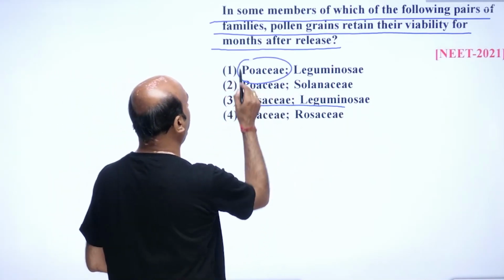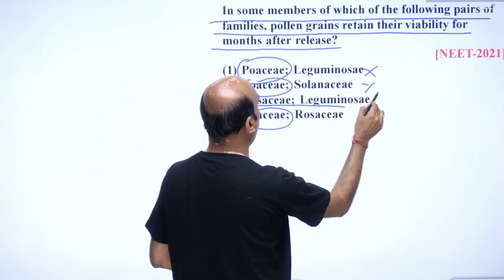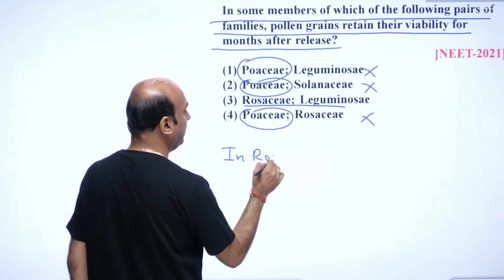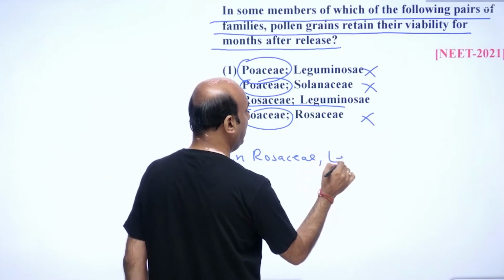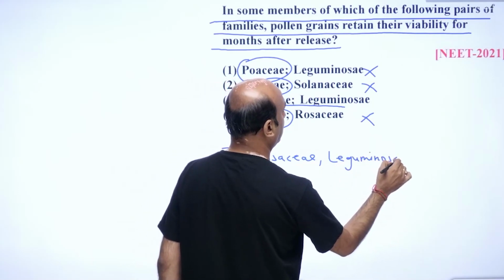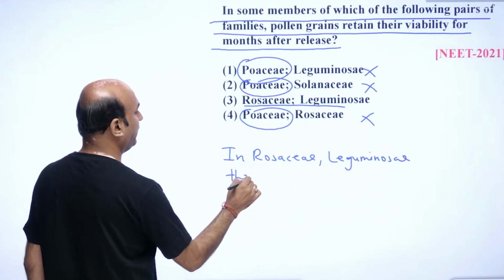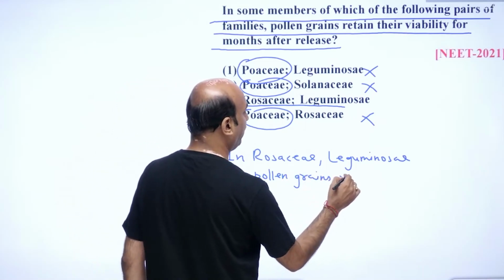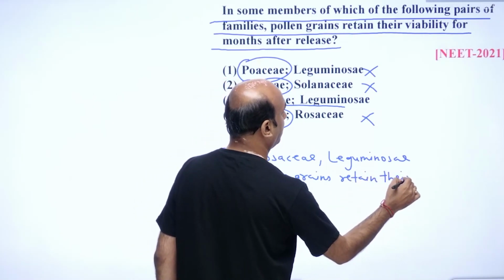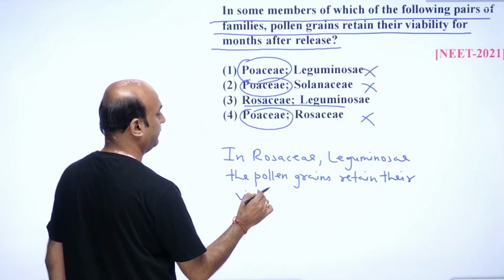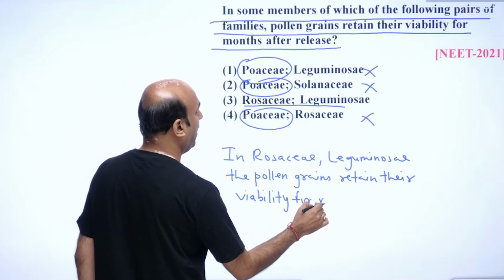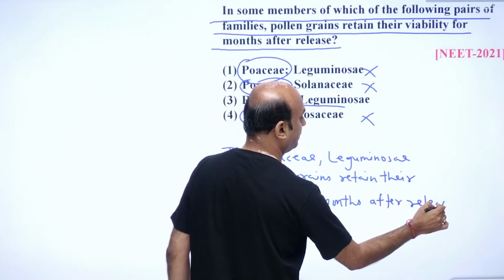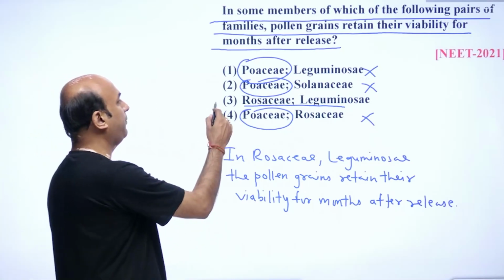Because here Poaceae is mentioned, that's why options 1, 2 and 4 are incorrect, because we know that in Rosaceae and Leguminosae the pollen grains retain their viability for months after release. So students, here the correct answer is option number 3.